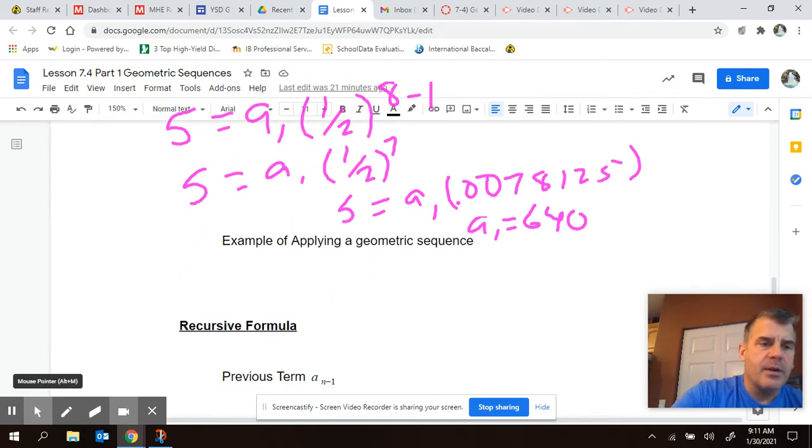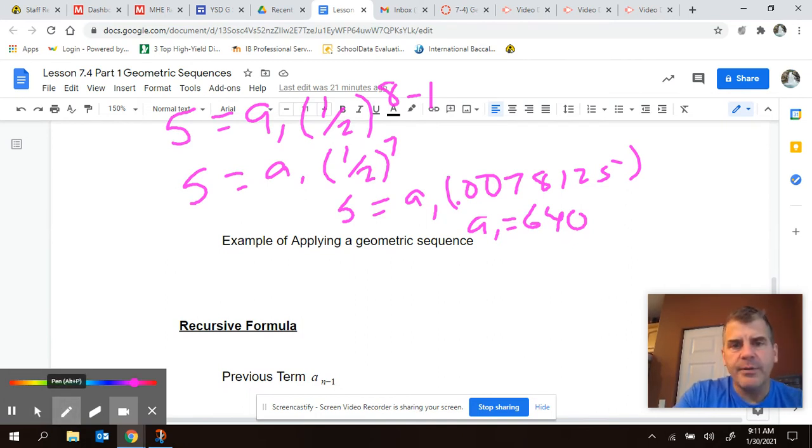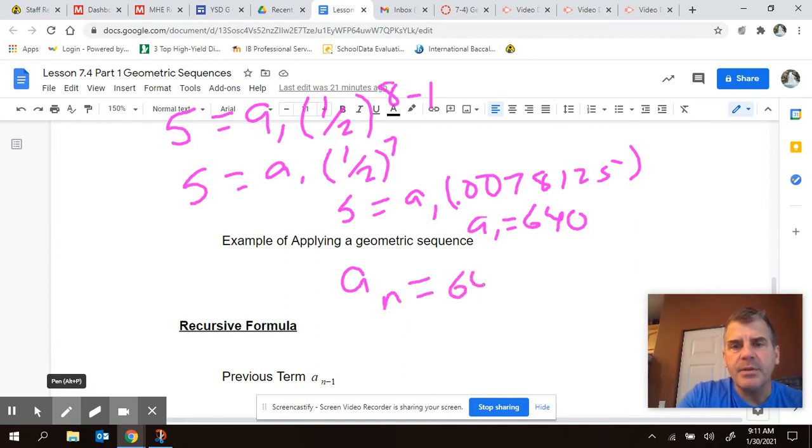First of all, let's write the equation because that's what we're supposed to do. So the formula ends up being a sub n is equal to, now we're saying the first term is 640, multiplied by our common ratio of 1/2 to the n minus 1.